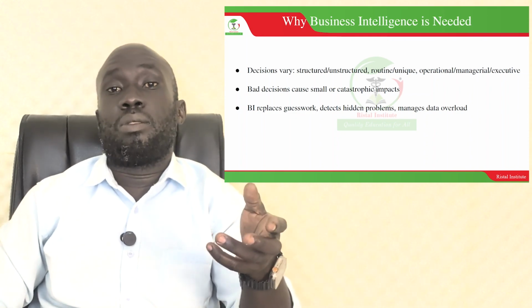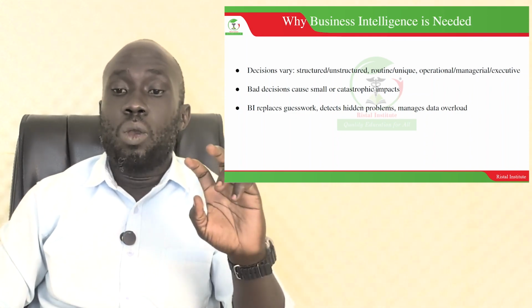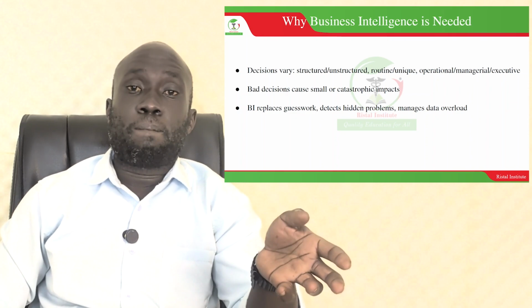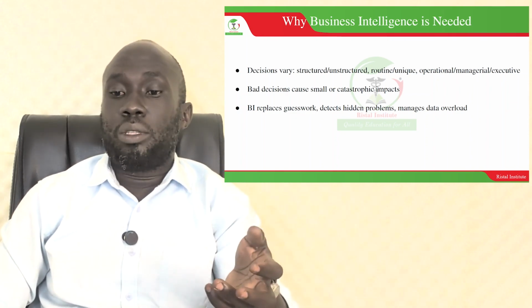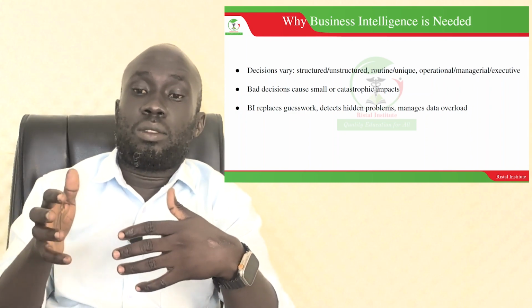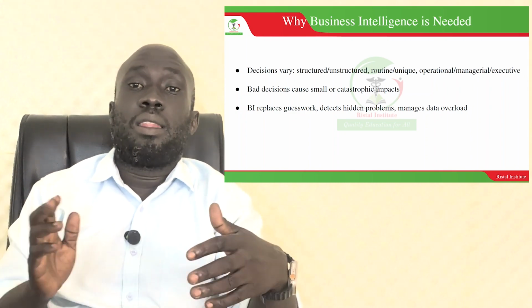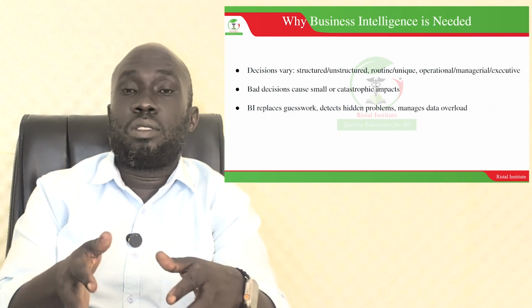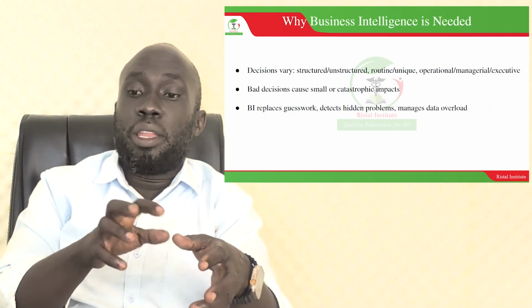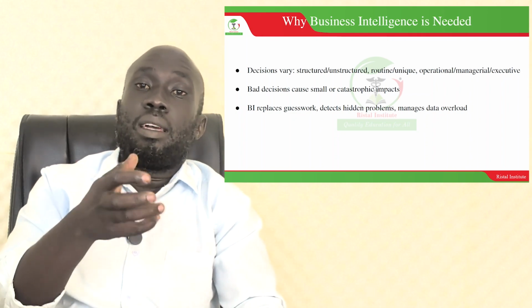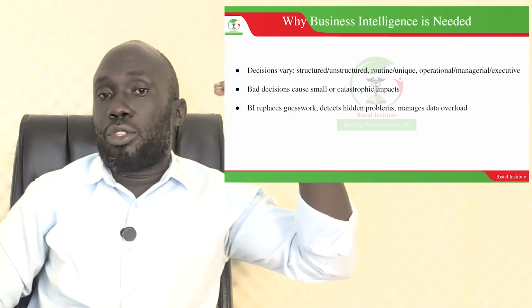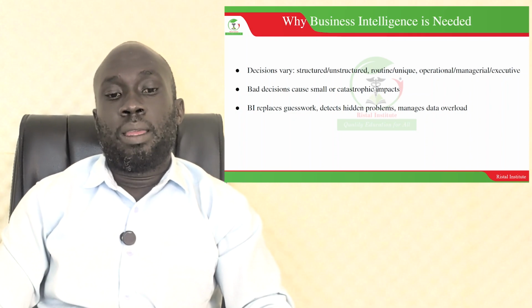And then there is the unique decision, which is taken only once. Operational decisions concern the operations of your business. Managerial decisions concern managing your business. And executive decisions are taken at the top management level.